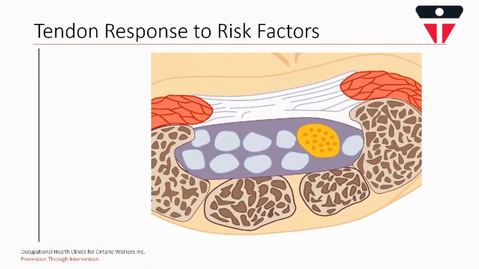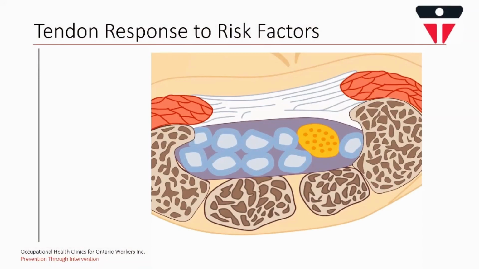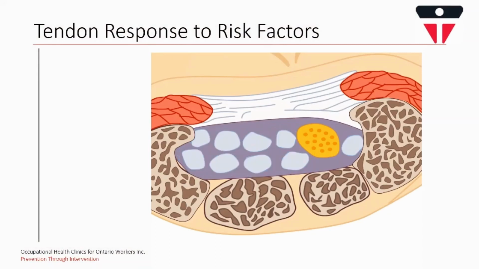This acts to reduce friction and irritation acting on the tendon. However, since the carpal tunnel is a fixed space bounded by the bones and the transverse carpal ligament, the fluid has nowhere to go, and as a result, can actually begin to compress and squeeze on the median nerve.